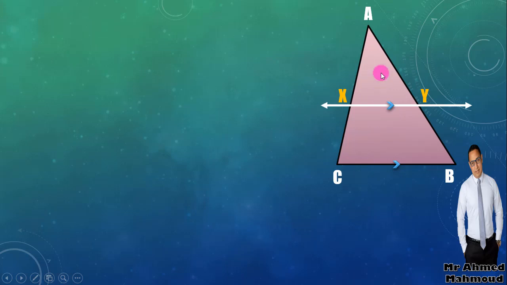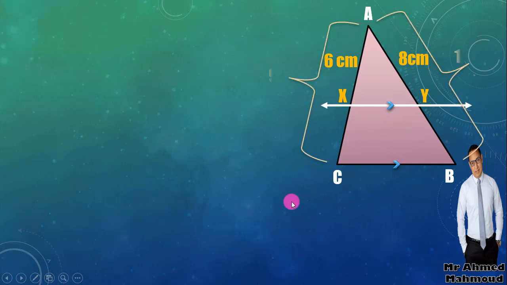Let, for example, AY equal 8 centimeters and AX equal 6 centimeters, and also let AB equal 12 centimeters and AC equal 9 centimeters. So there is a proportion between AY and AB, AX and AC like this.